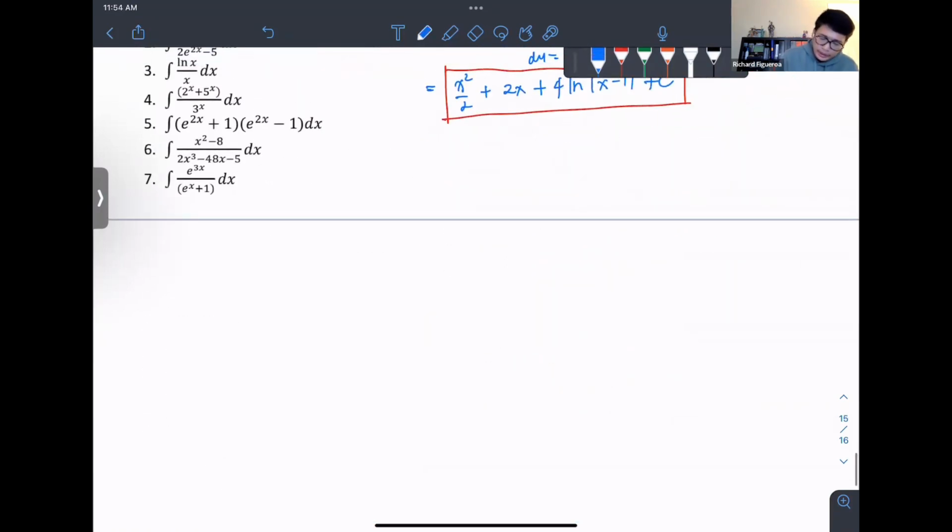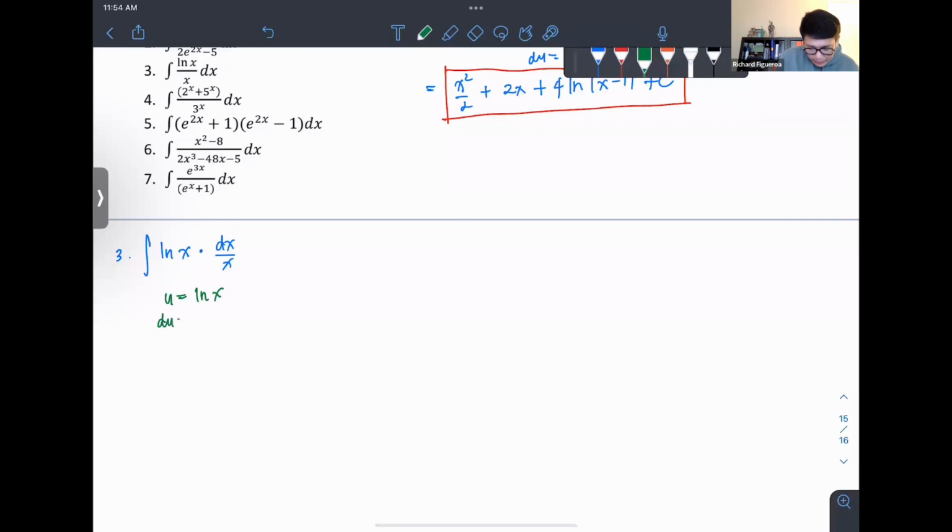So number 3 is the integral of ln x over x dx. This is direct. However, let me rewrite this one. ln x multiplied by dx over x. So I can let my u here be ln x.